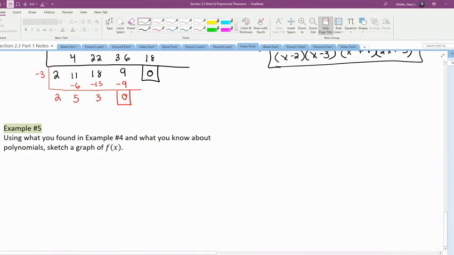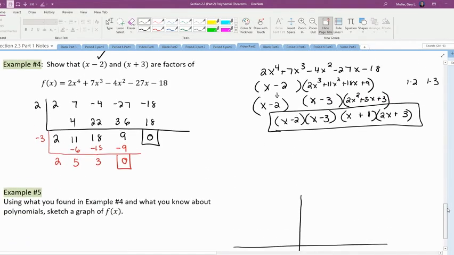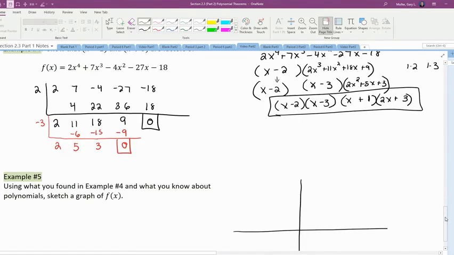Use what you found in example 4 and what you know about polynomials, and now provide me a sketch of f of x. All right, so what do I know about polynomials? Let's take a look at this thing. Okay, I'm just going to make a list. The degree is 4. More importantly, that makes the degree even. So now I know my end behavior.